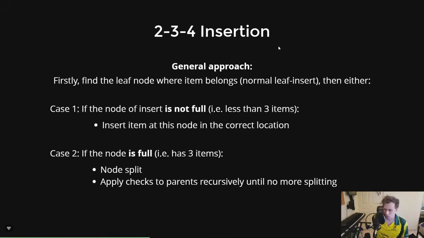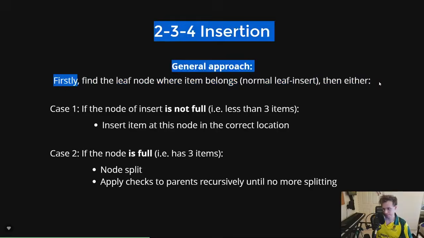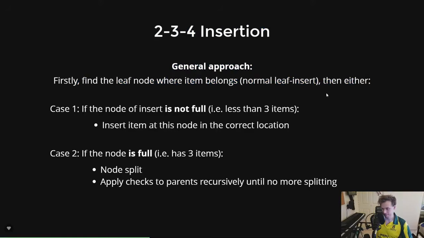Now, where 2-3-4 trees get probably most confusing is the insertion. Structurally, when you look at them, they make some sense. It's like a binary tree, except it's got a few items in it. There are a few different ways I've seen people explain how to insert into these 2-3-4 trees.